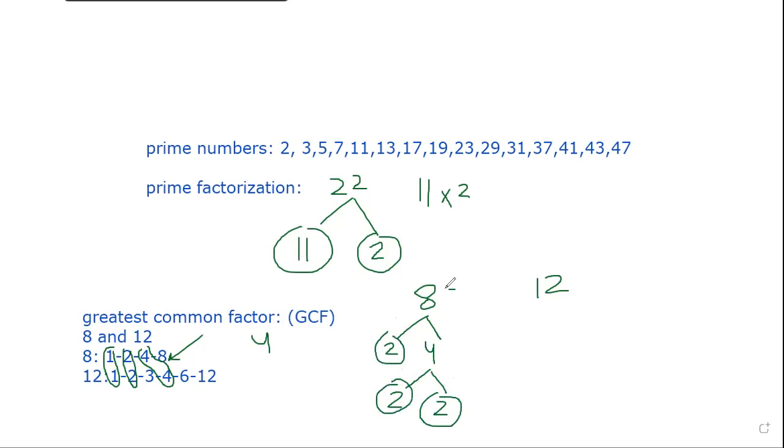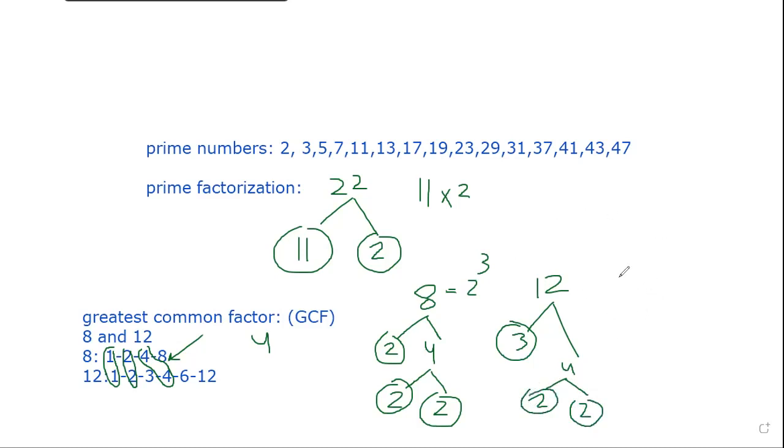It's better to write it as a power. It's 2 power 3. Now, what about 12? It's 3 multiply 4. 3 is a prime number, so I circle it. 4 is not a prime number, so I continue. It's 2 times 2, so I stop now. 2 is prime, and this 2 is prime.